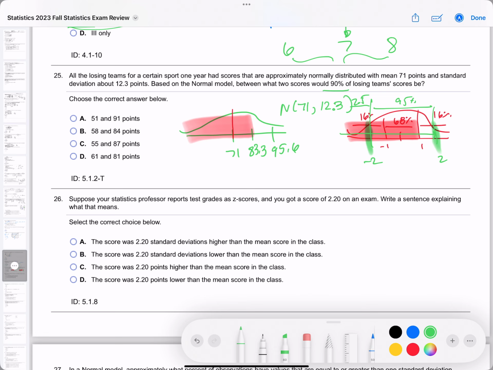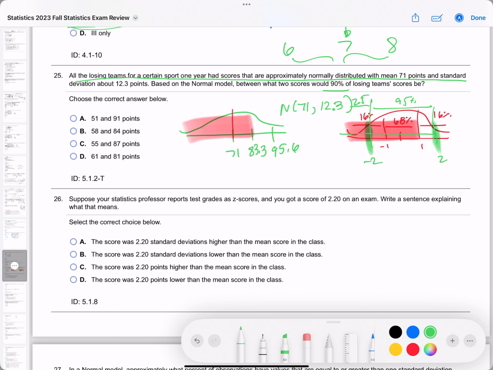So I know that it's going to be between, okay, looks like I read this wrong because it's looking for one and another. Hold on a second. Our approximately normally distributed mean of 71 and standard deviation here, based on the normal model, between what two scores would 90% of losing teams be? Okay, so we're still good. But this is just giving me 90% of them, and it's wanting the higher and the lower.